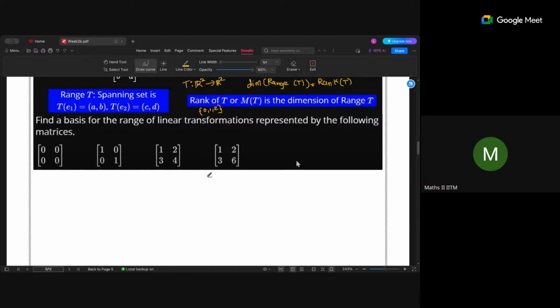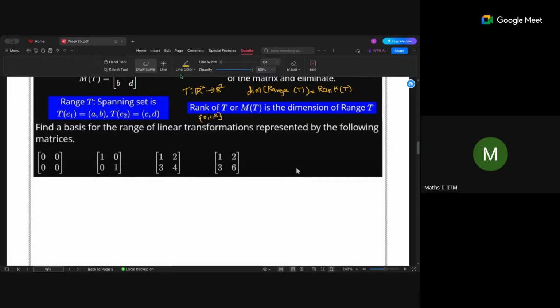Okay. Now we are going to find a basis for the range of a linear transformation represented by the following matrices. For this first matrix, you see all the entries are 0. Let's give some names.